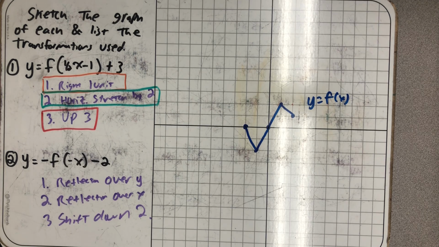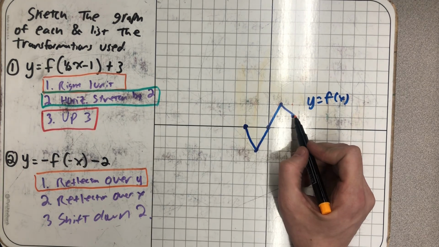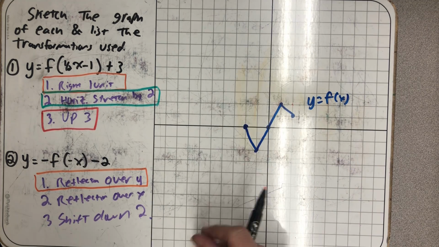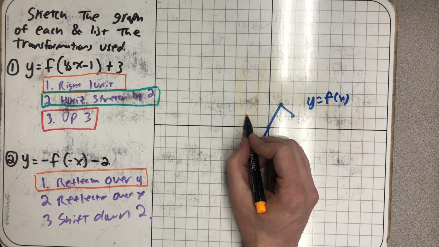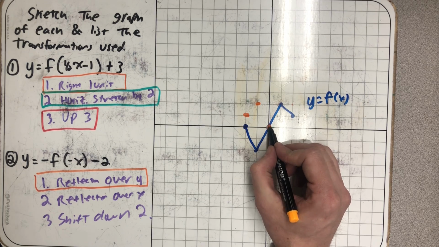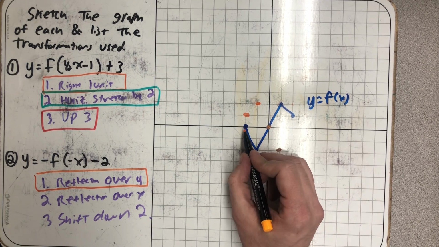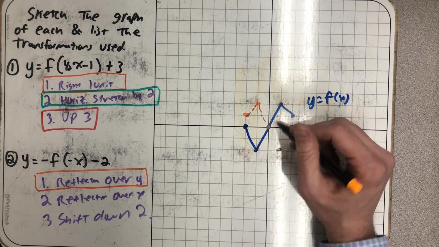And we're going to start with a reflection over the y-axis. So every point that's over here comes over there, really thinking about switching the sign on all the x-coordinates. 0 stays at 0. And now I see that nice, happy, reflected graph.